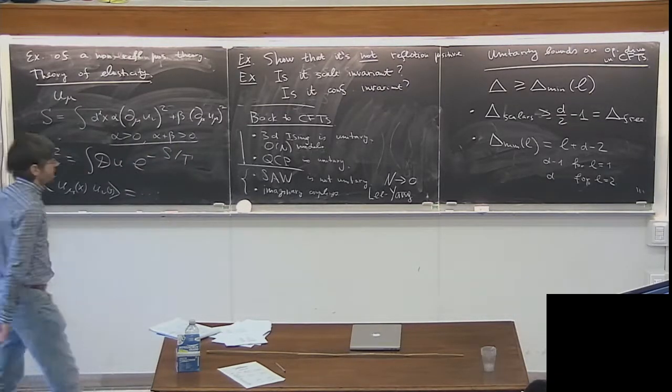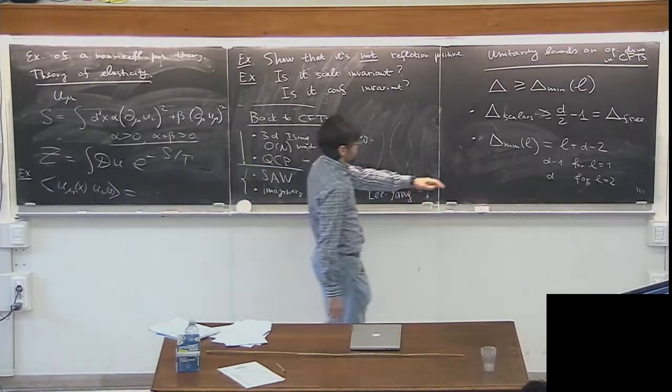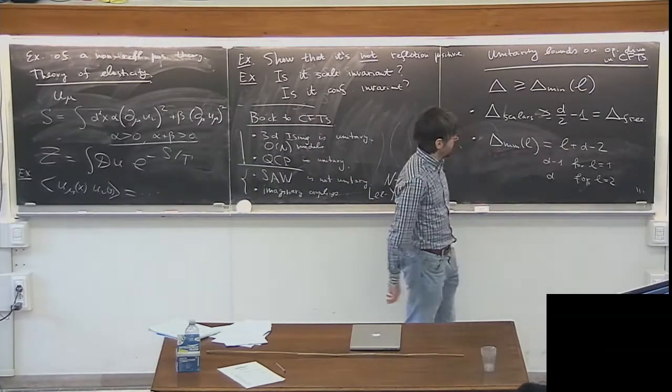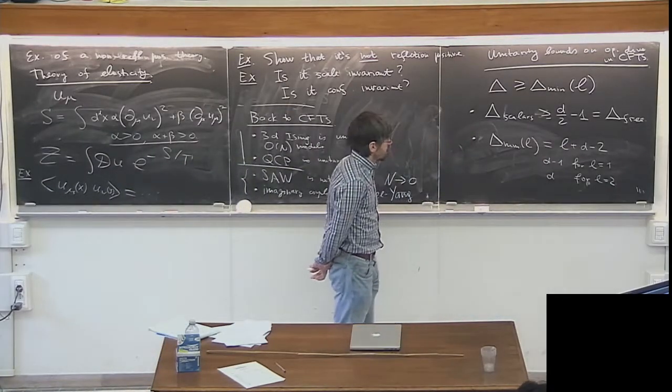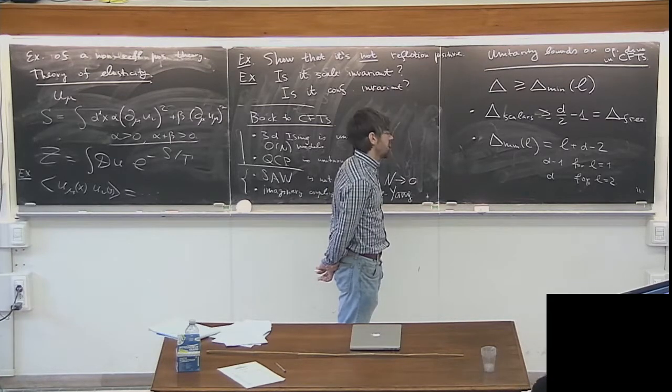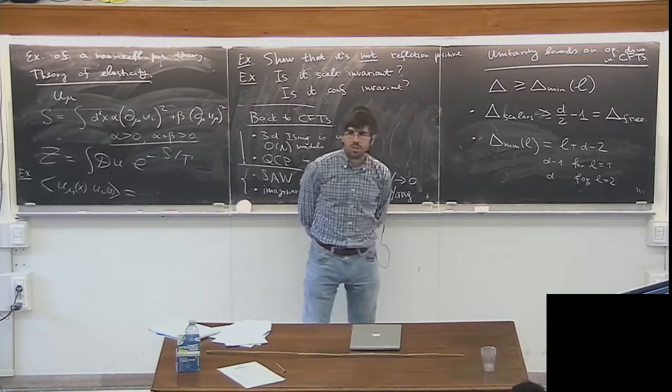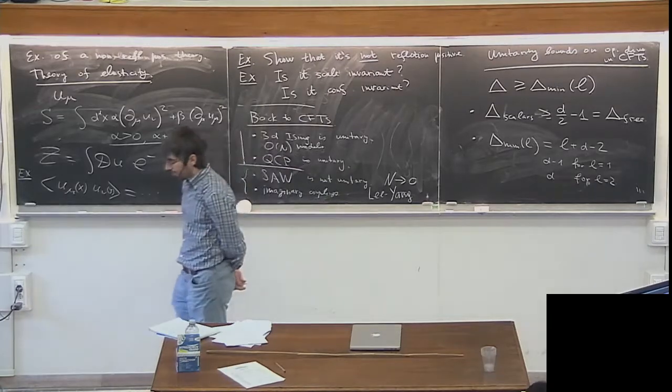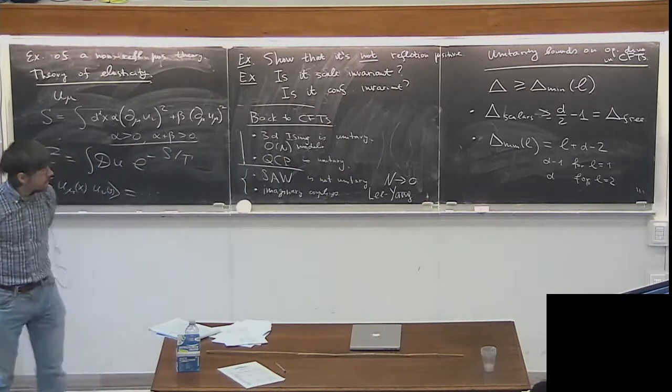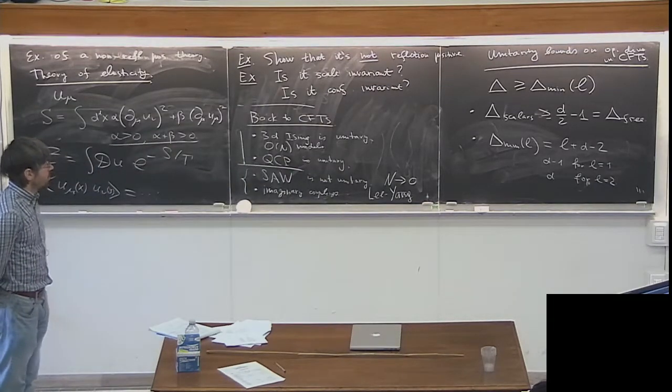And okay, there is an analog of this for higher spins. If you raise the spin by 1 unit, then the minimal dimension also raises by one unit. So these are the unitarity bounds, and there are various ways to prove these bounds.